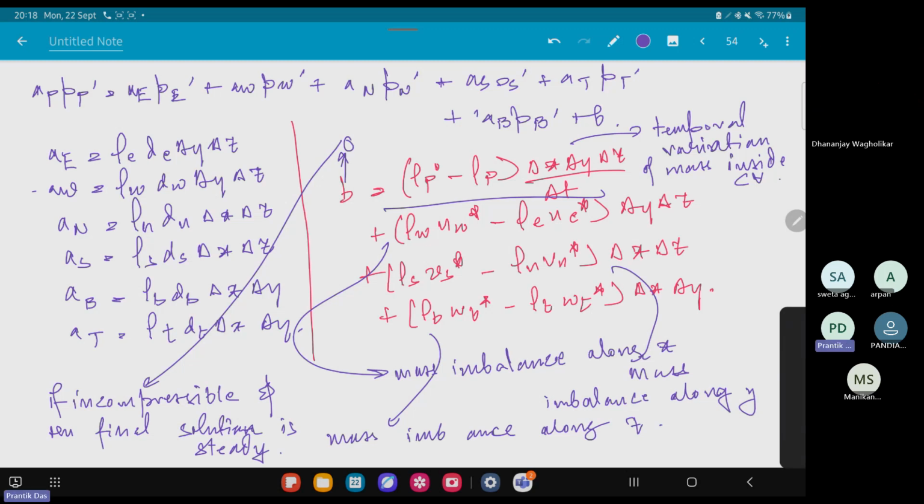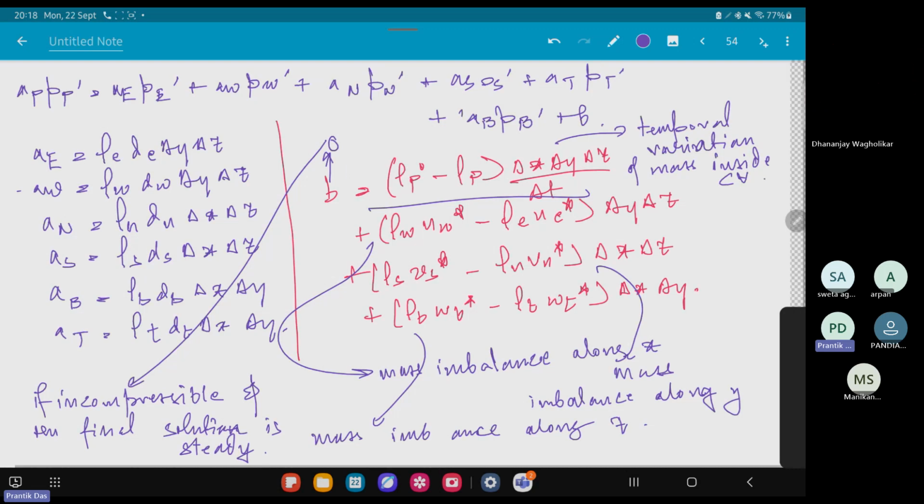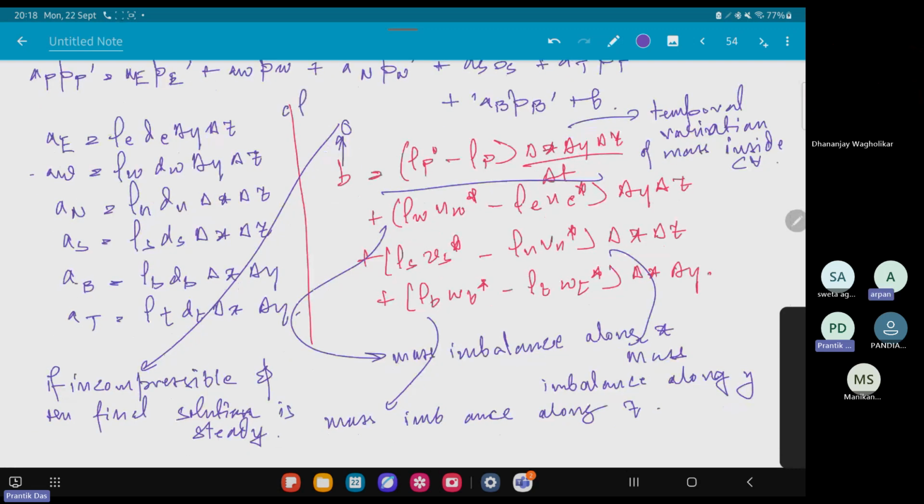If the solution itself is unsteady in nature, then your density actually becomes a function of time, if the flow is incompressible and unsteady. Then you don't get this term to be equal to zero. Yes, but the other terms will be equal to zero.